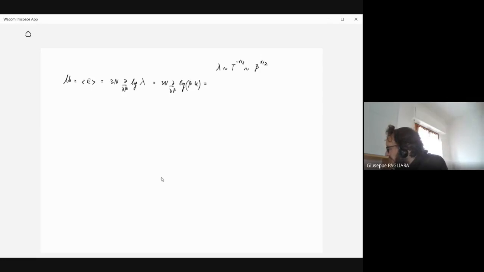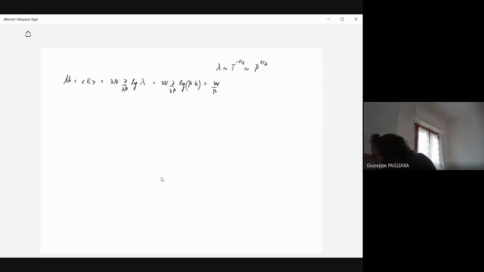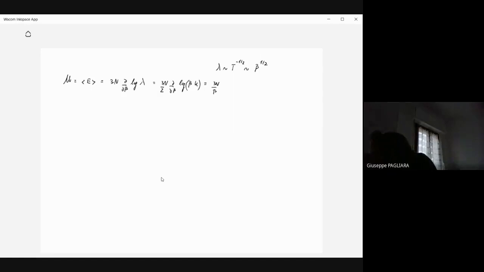And then I have 3N, then I have 1 divided by beta, times k. Therefore this is just 3N divided by beta. But I think I'm losing something here. Yes, there is 1/2, of course, here, because it was beta to the power of 1/2, and then I can put the 1/2 there.